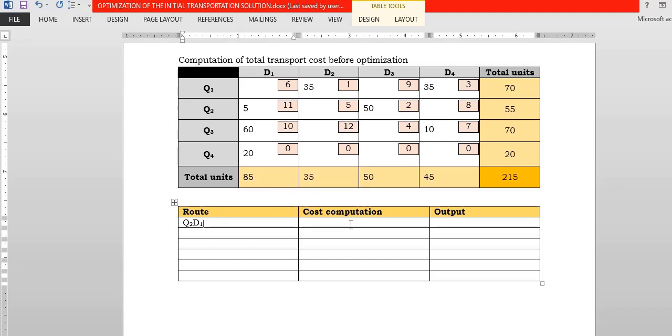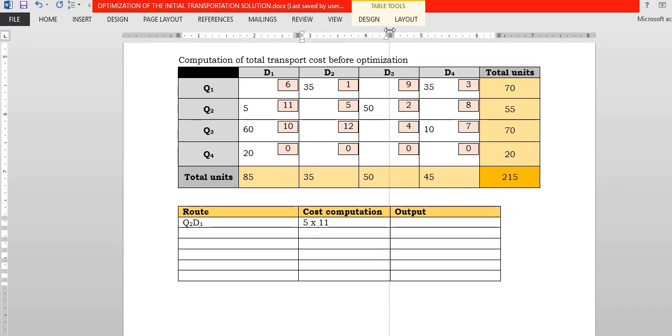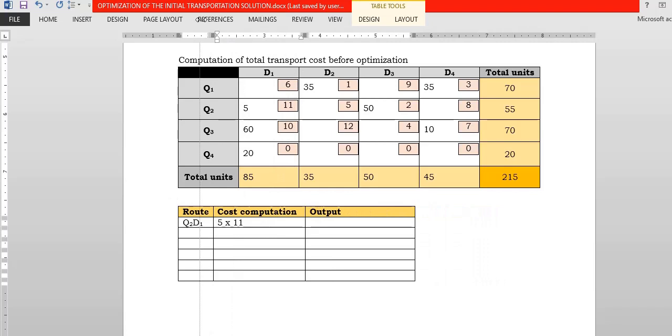And this cost computation here is 5 times 11, units times the cost. 5 times 11. Right, that's fine.